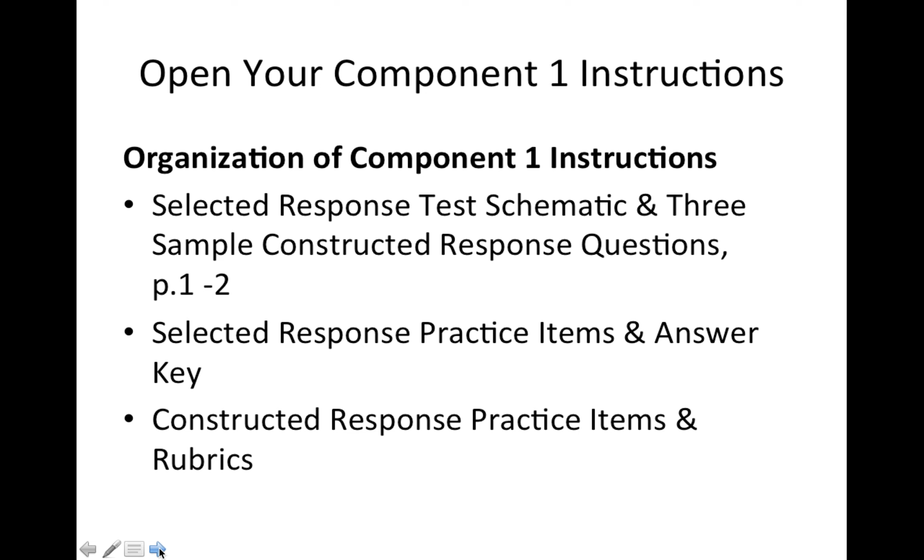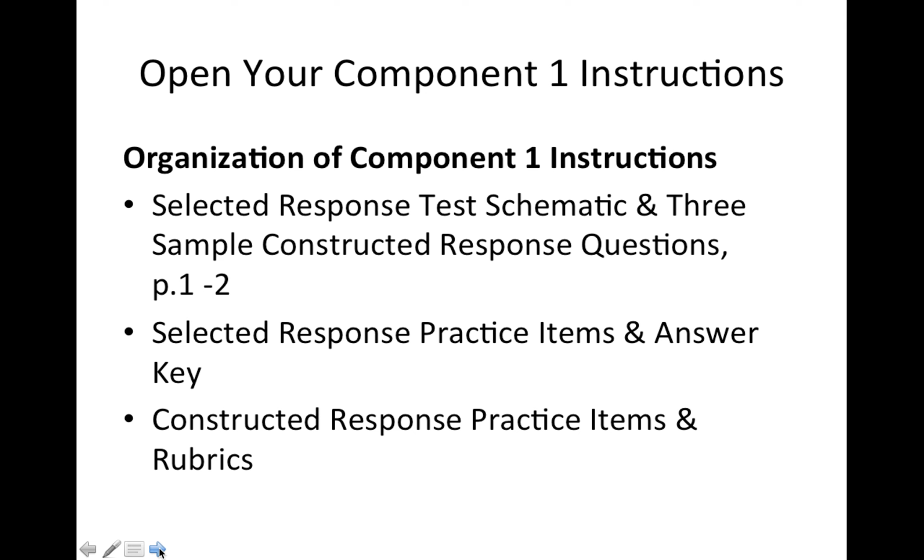When you open up your Component 1 instructions, which I would now like you to do, so you could go ahead and pause this video, open up your Component 1 instructions. On page 1 and 2, you will see a test schematic table, and that table represents what is on the selected response portion of your test.